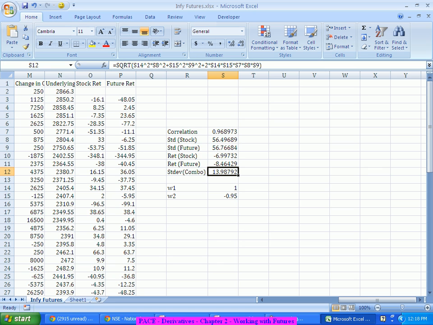For every 10 shares, 20 futures. Or in this case, 1 and -0.95. For every 20 shares which you are buying, 19 futures you have to sell. I multiply both of them by 20, which will tell me for every 20 shares which I buy, if I sell 19 future contracts, that is the scenario where my risk is the least possible in the combination.